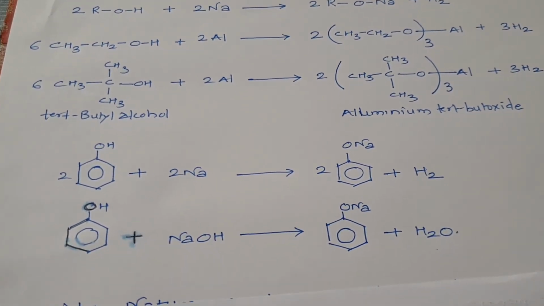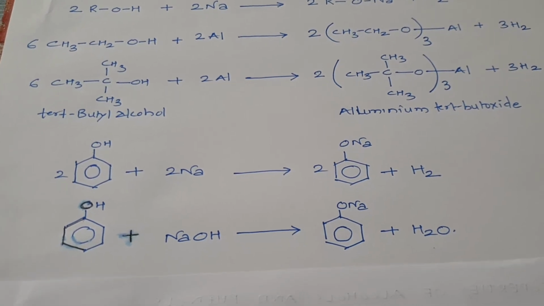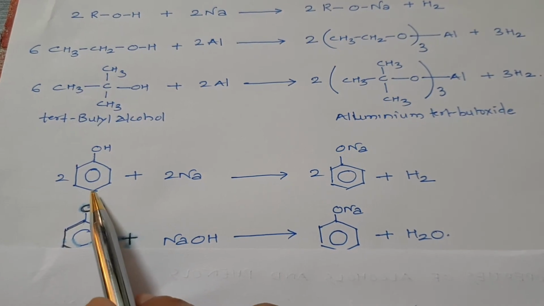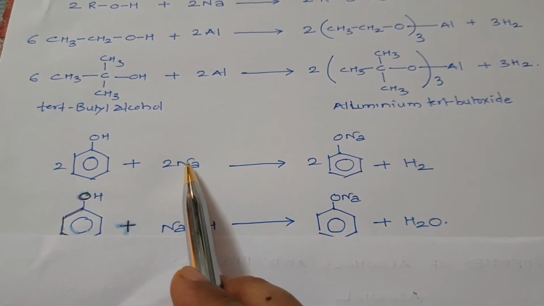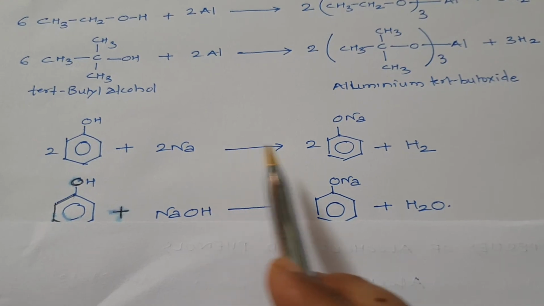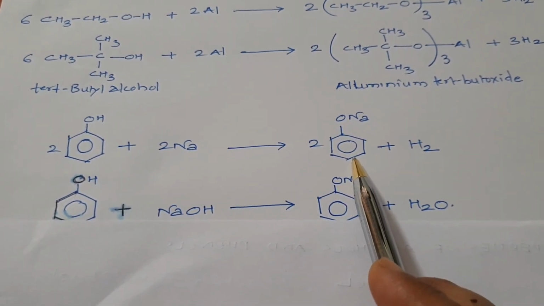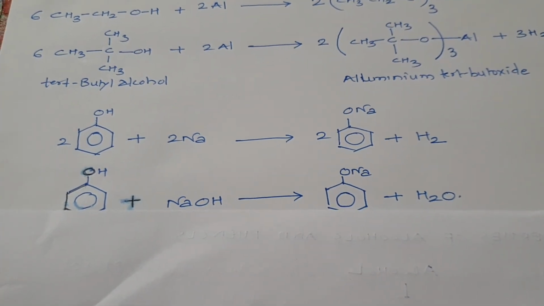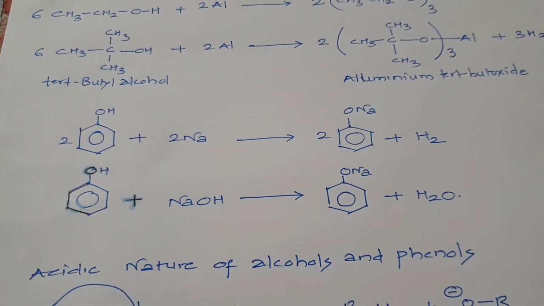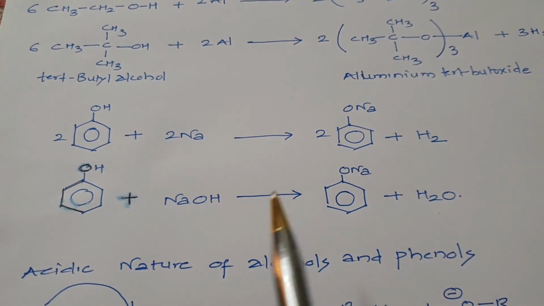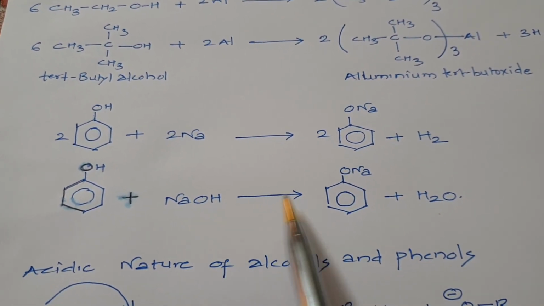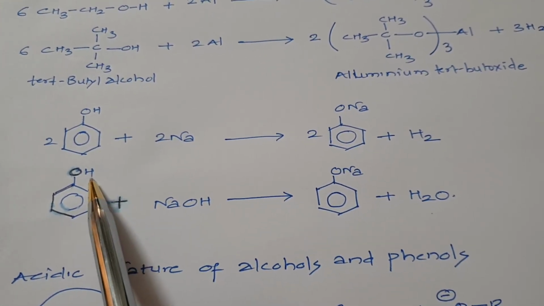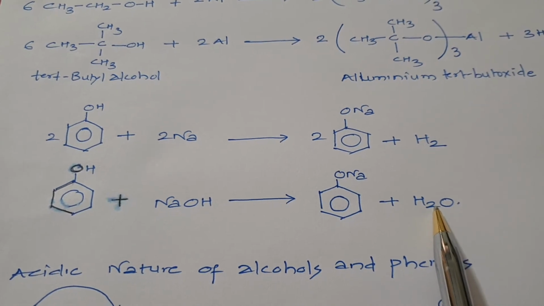We see 2 such reactions here, in which phenol reacts with sodium metal to give sodium phenoxide with the liberation of hydrogen gas. A similar reaction is seen with phenol and sodium hydroxide, giving sodium phenoxide, and OH reacts with hydrogen to give water.